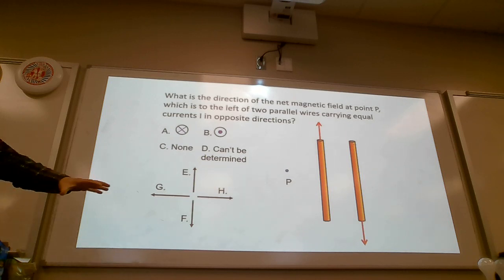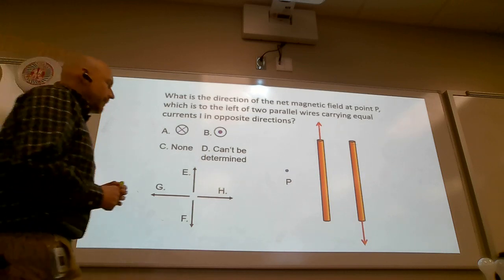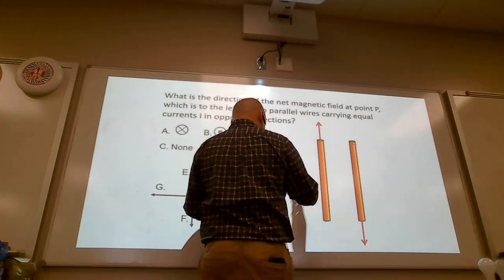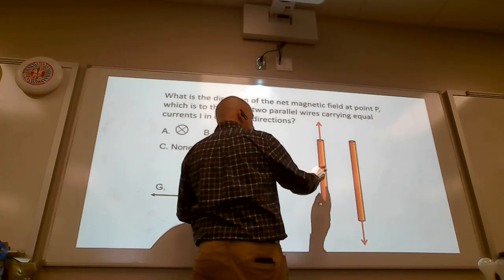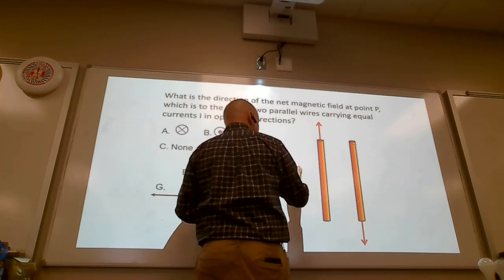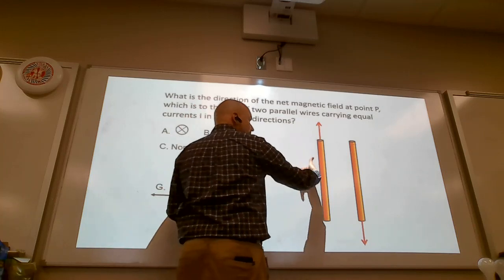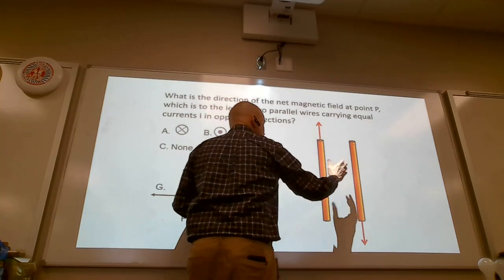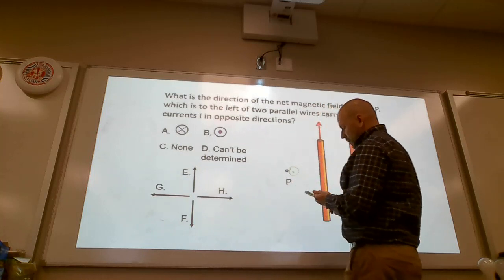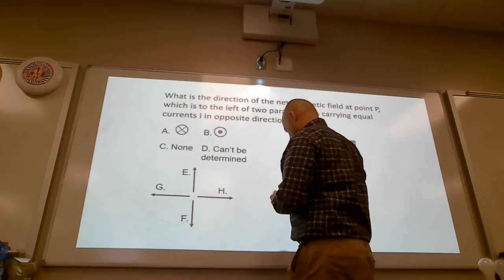Correct answer is. Got 1 vote for B. Beautiful babies. 2 votes for B. Okay. So here, this one creates a magnetic field coming out of the page. This one creates a magnetic field going into the page.